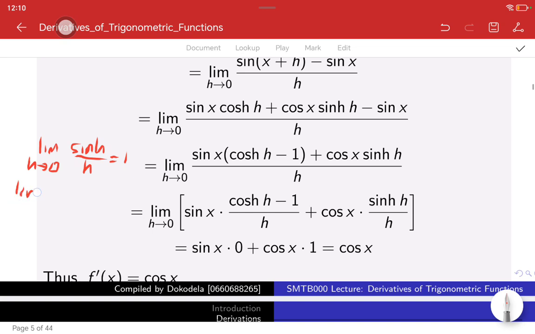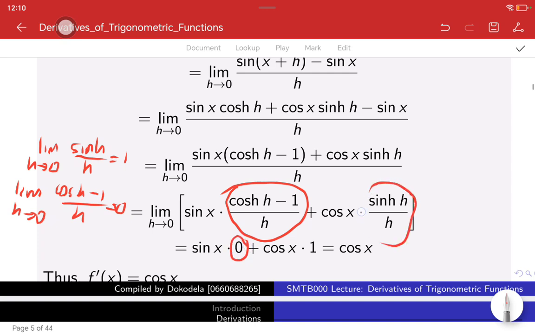And the limit as h approaches 0 of cos of h minus 1 all over h is equal to 0, which I can also write as 1 minus cos of h, it's the same thing. If I apply the limit here, I get 0, and if I apply the limit here, I get 1.